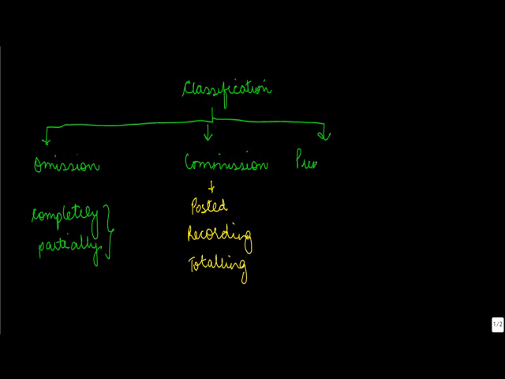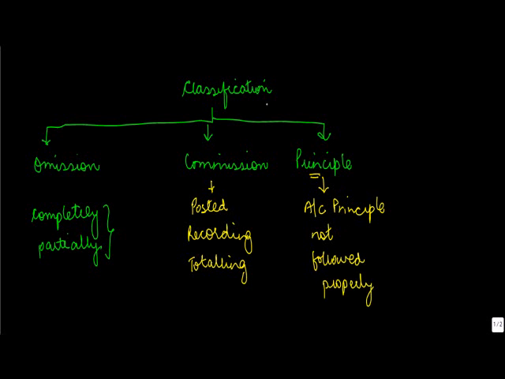The next one is the error of principle. Like the name itself suggests, in these cases you do not follow the accounting principles properly. Simple, just the name itself will tell you what it means. And the last of the errors is the compensating error. What do you mean by compensating error? What does the word compensating mean?